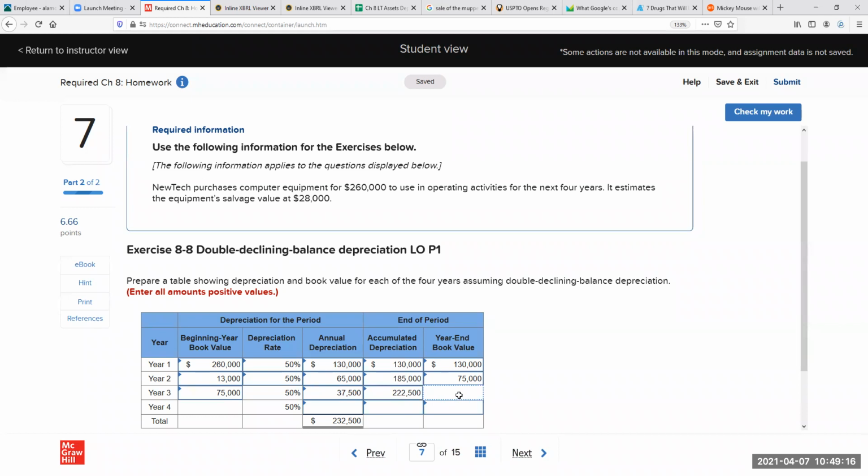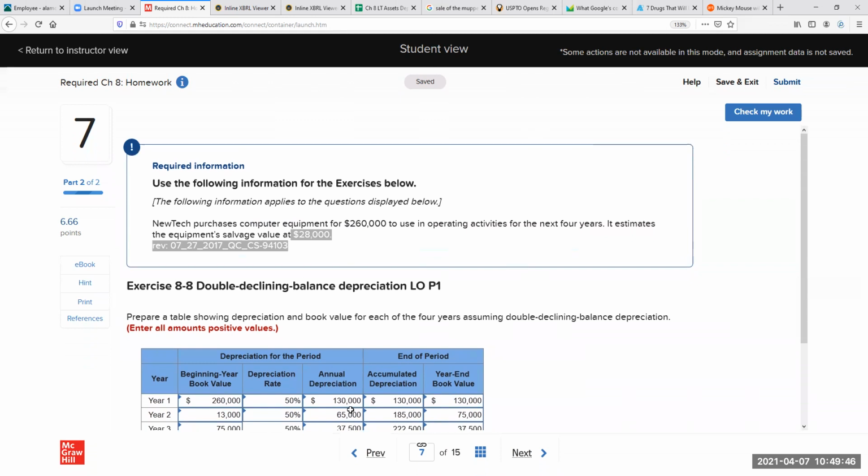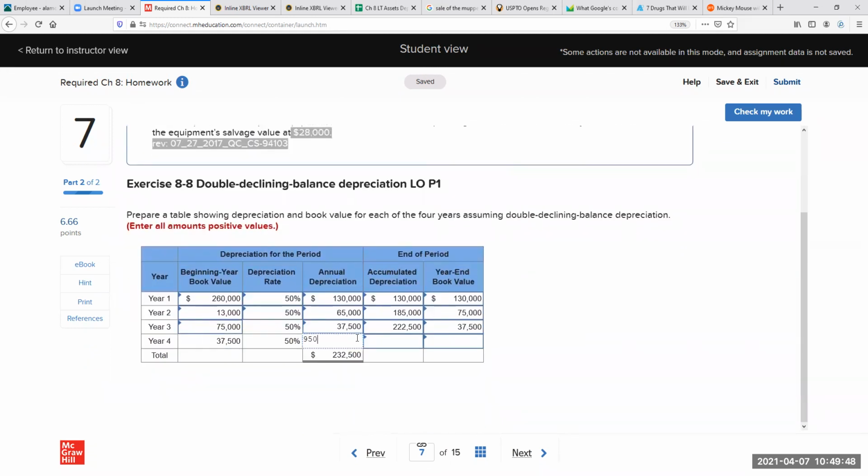Now what's the book value? 260 minus 222,500. The book value is 37.5. In the last year, no, you don't use the percentage in the last year. You have to subtract the 28. This is where you use the 28. So you just take 37.5 minus the 28. In the last year, you only get 9,500.